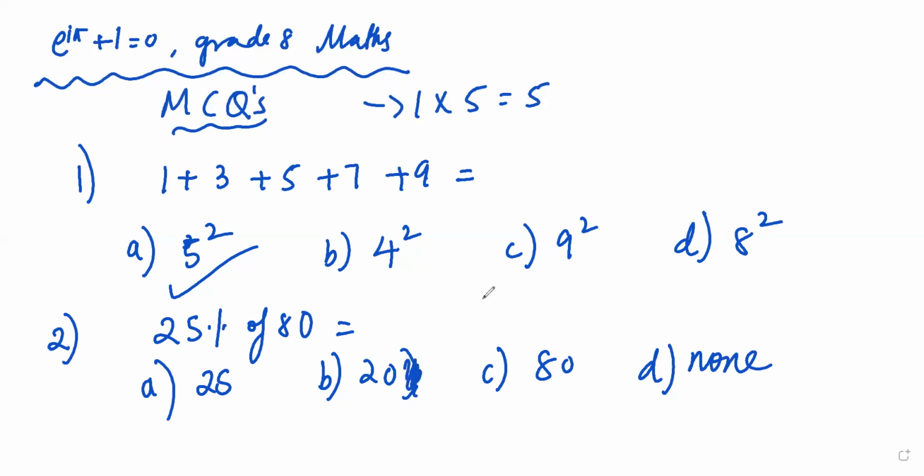So you can have all these kind of options as well in your MCQs. So 25% of 80, I told you 25% means 1/4. You can do it this way, that is 25 by 100 into 80, where of stands for into, in which case also you will get 20, or remember it is 1/4 of 80, 1 by 4 into 80, which happens to be 20.